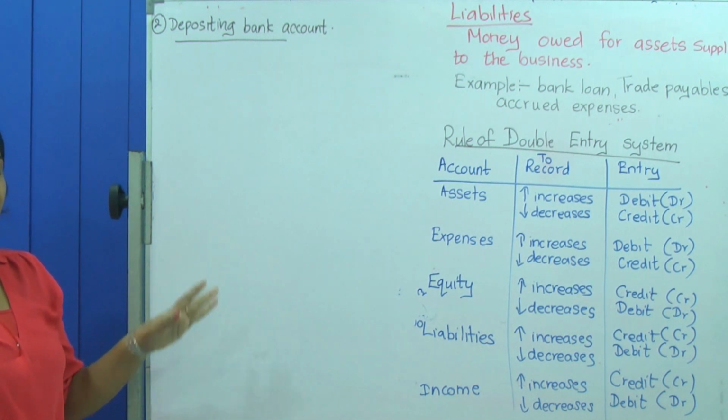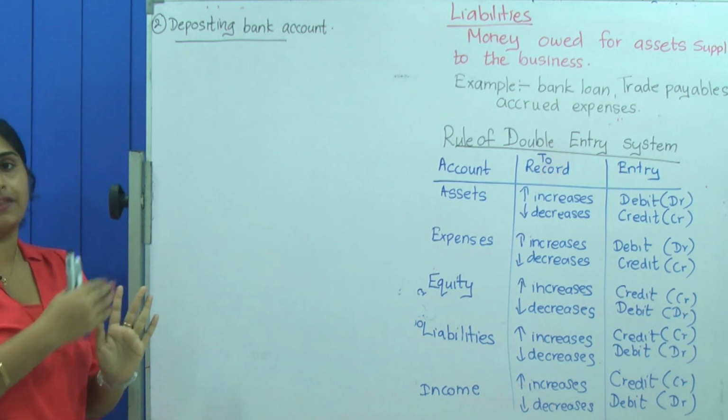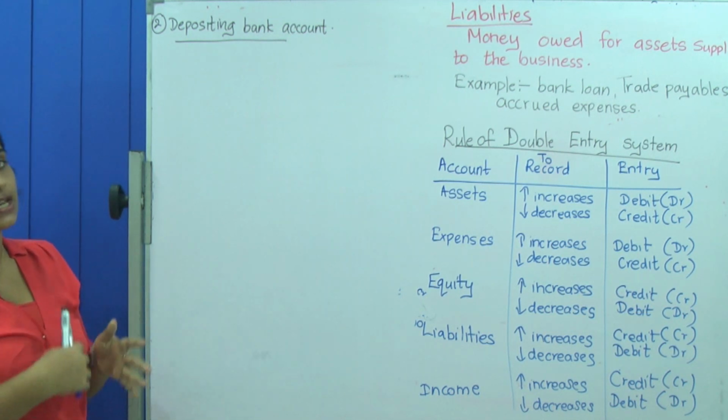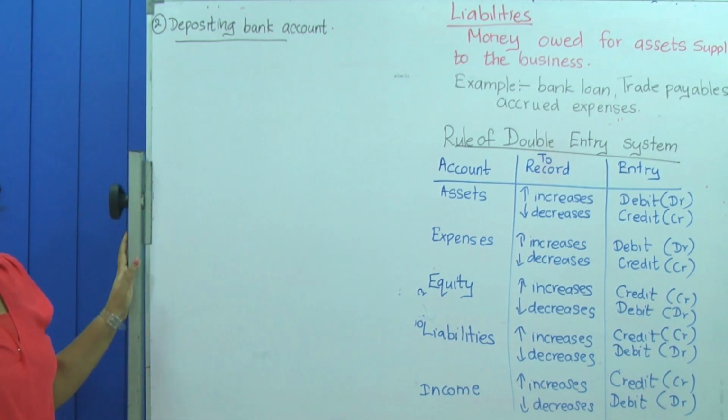Instead of that, they deposit in the bank account, and through checks they have started to do the transactions, do the payments or receive. All those things are done these days using checks.